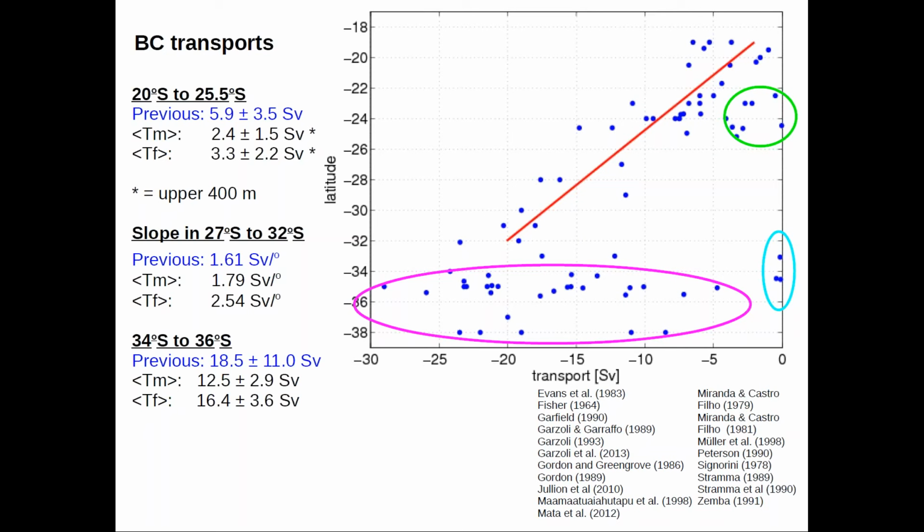So I have to look at that more closely, because the meridional transport matches the historical estimate better than the full transport. And then farther south, the previous estimates have quite a large scatter, and I get less of a scatter now with Argo and SSH, and a little bit smaller mean, both for the meridional component and for the full transport.